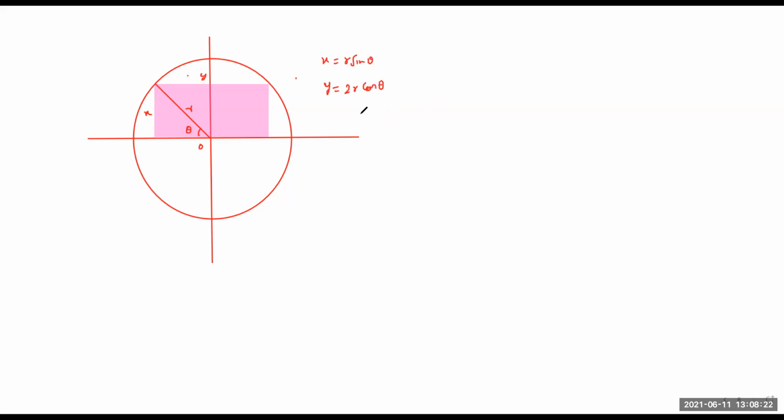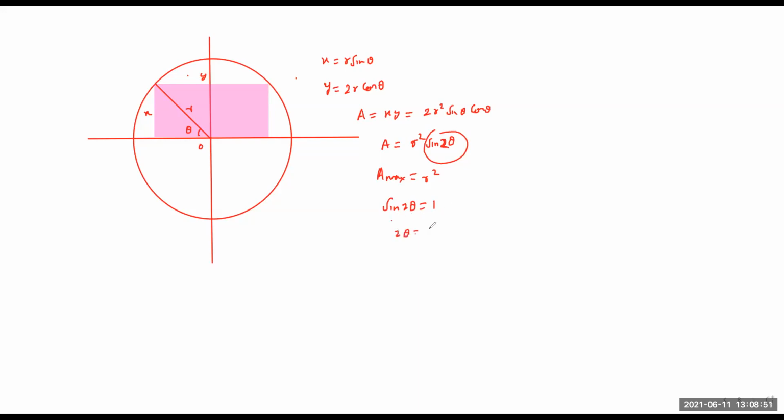Yes, sir. So the area will be x into y, which is 2r square sine theta cos theta. So A will be r square sine 2 theta. The maximum value of this will only happen when sine 2 theta is 1, because the maximum of sine is 1.